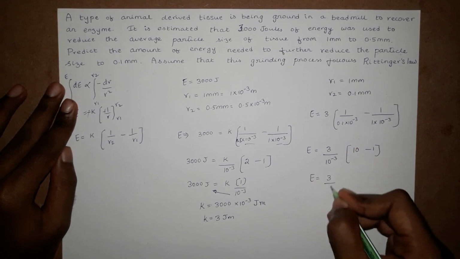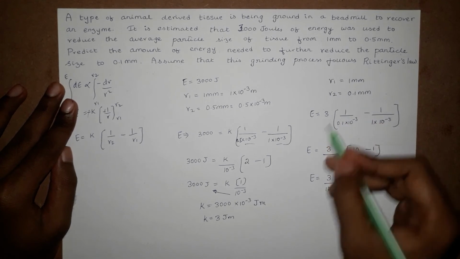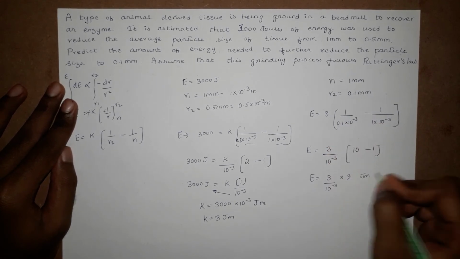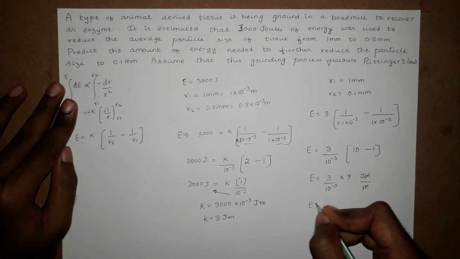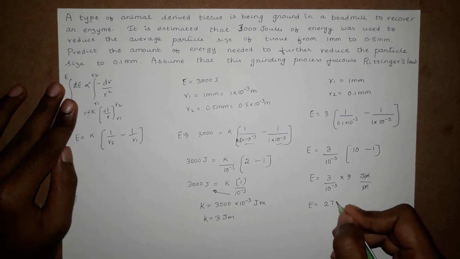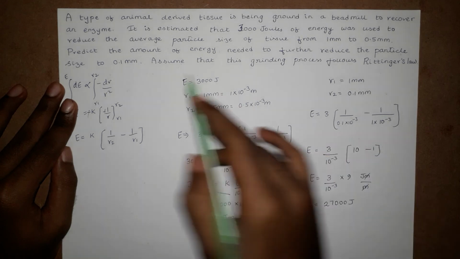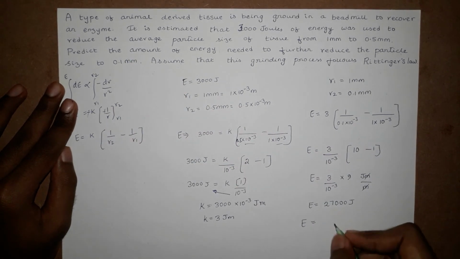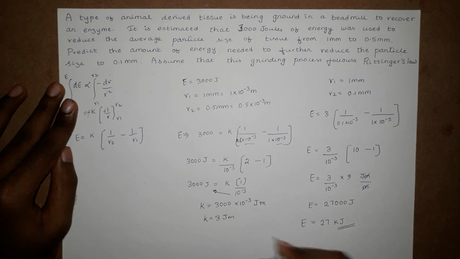So 3 by 10 raised to the power negative 3 times 9, and K has a unit of joule meter and R has a unit of meter. So E came around 9 threes are 27,000 joule. So the energy required to reduce the particle size to 0.1 mm is approximately 27 kilojoules of energy.